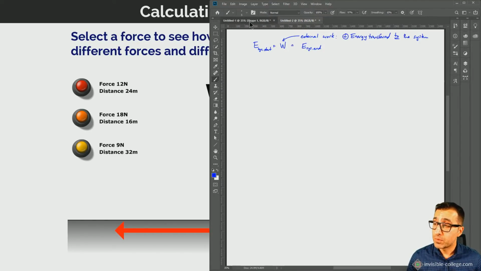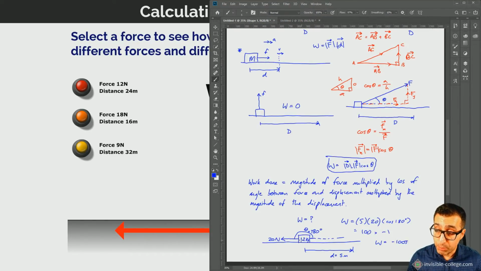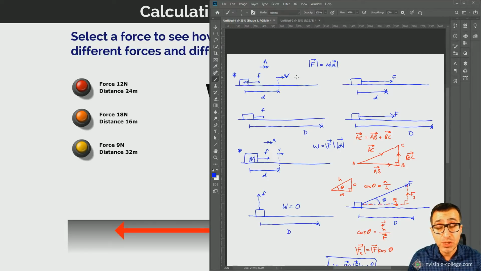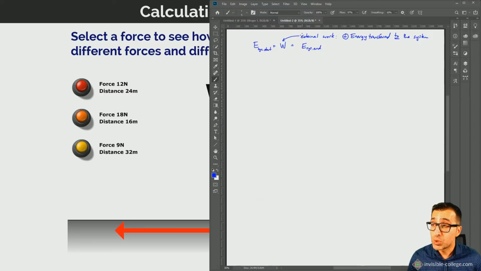Had we, rather than pull in this direction, had we pushed this object in the direction that it's being displaced, as we saw before in the previous examples, that would result in an acceleration. The object would gain kinetic energy, which means that the system would increase its energy so that at the end of that change, it would have more kinetic energy than it had started with. And so positive external work, when work is positive, has a positive value in joules, energy has been transferred to the system. Now, another way of saying this is that work has been done on the system.